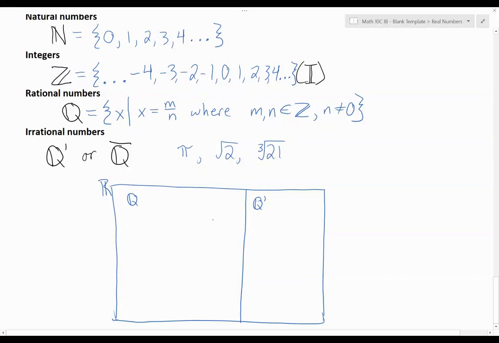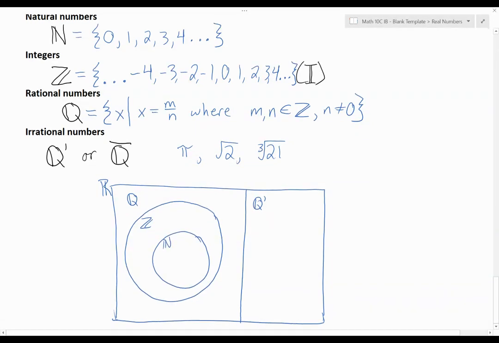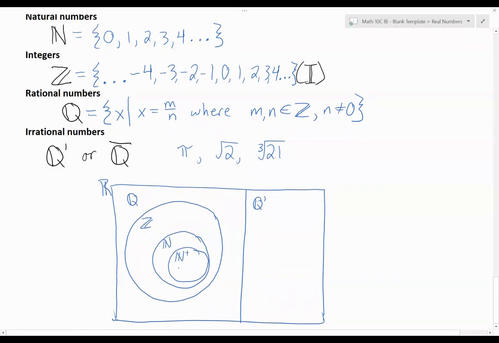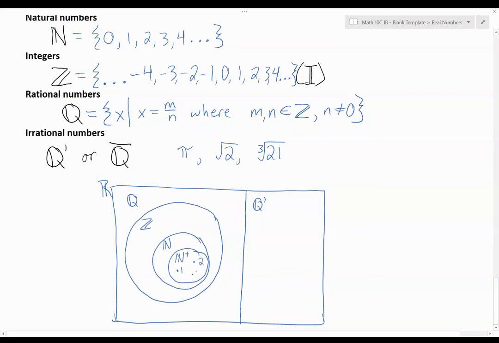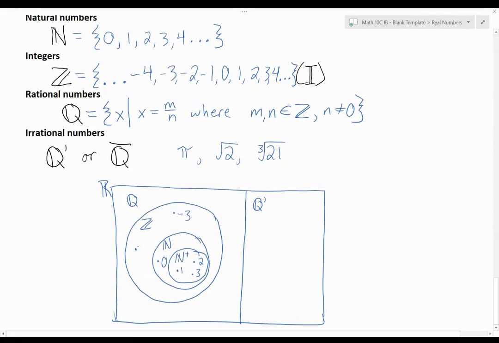Within the rationals, however, I've got my integers. Within the integers, we've got the natural numbers. And within that, we've got the strictly positive natural numbers. So some examples, obviously not a complete list. I can have the numbers 1, 2, and 3. The natural numbers, the only new element they contain is 0. The integers, now we've got things like -3, -2, -1.